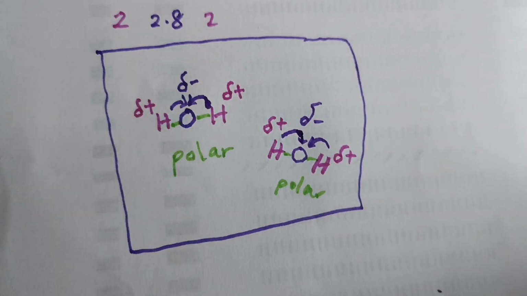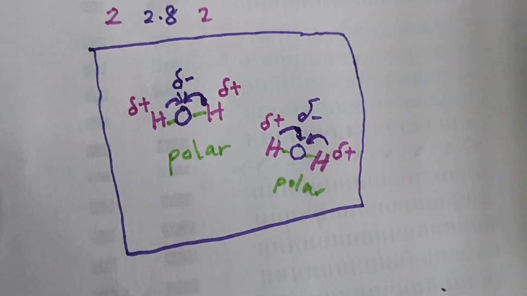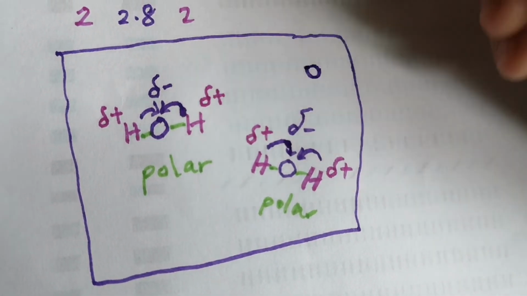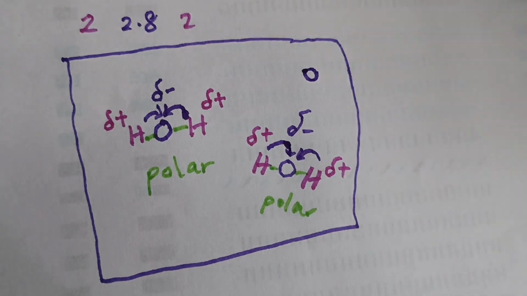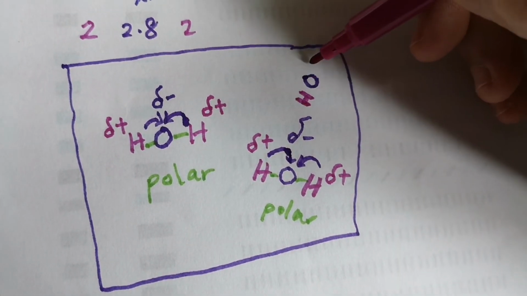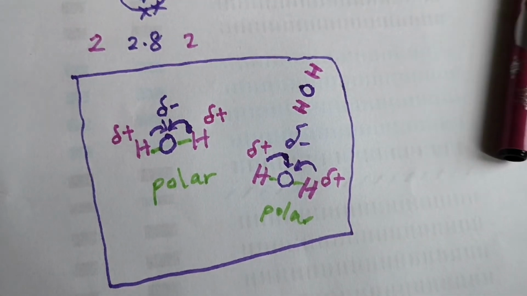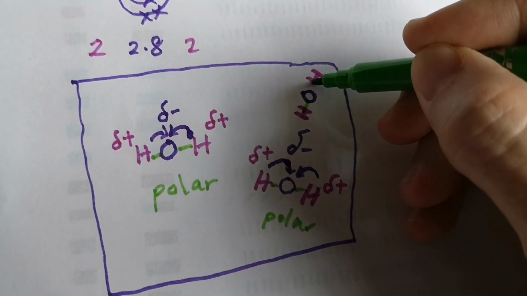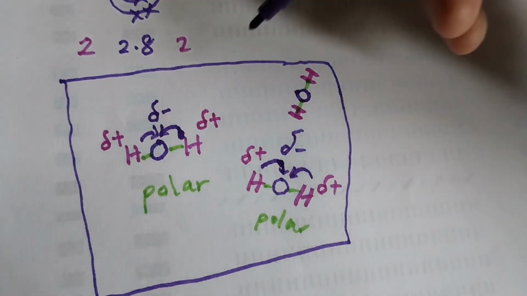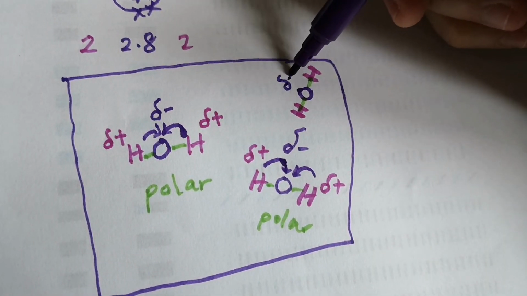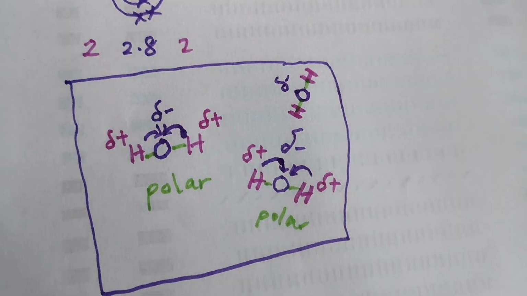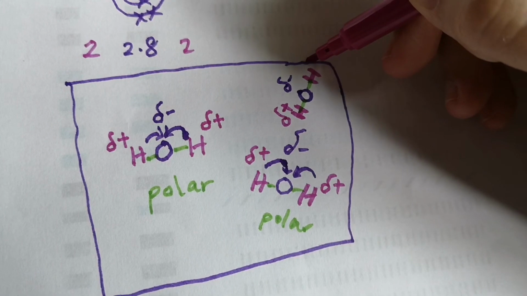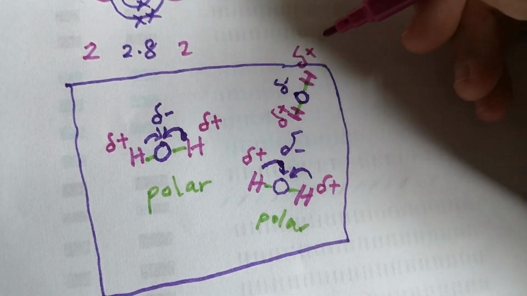Okay, so then there will be, like over here, let's say, this is O, and then there is H and H. Okay, so you see what happens. This is a covalent bond. So this is slightly negative, and this is slightly positive, and this is slightly positive.